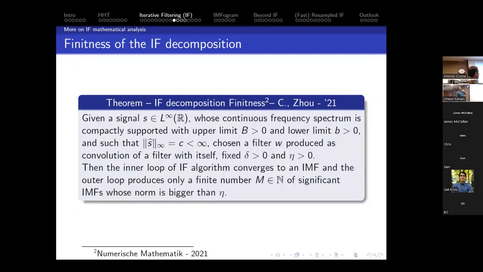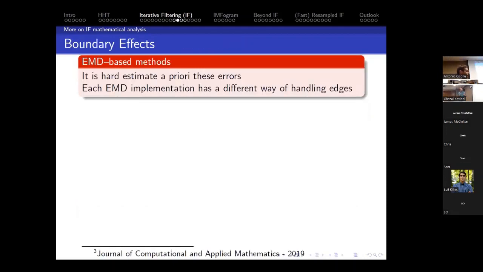more recently, we first of all proved that the decomposition you can get is finite, so you cannot have infinitely many IMFs. But more importantly, we studied the boundary effects. The problem with EMD is that you do not have a convergence guarantee, so you cannot even study how much the boundary can influence your decomposition.